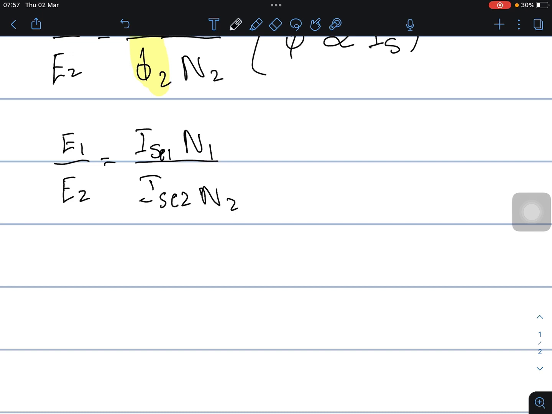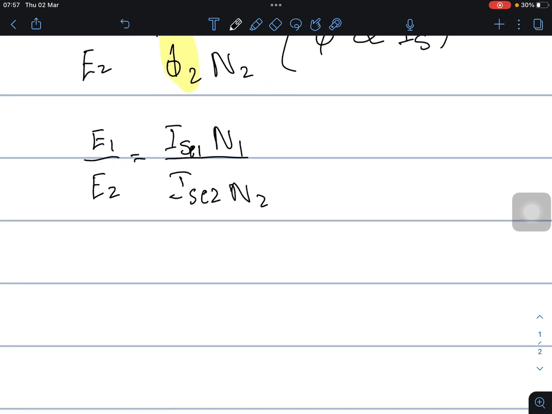So the first thing we can calculate for now is E1. Let me use red color for the first condition. E1 is equal to V minus I1 RAC1.